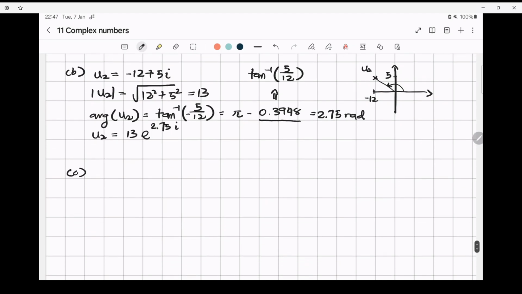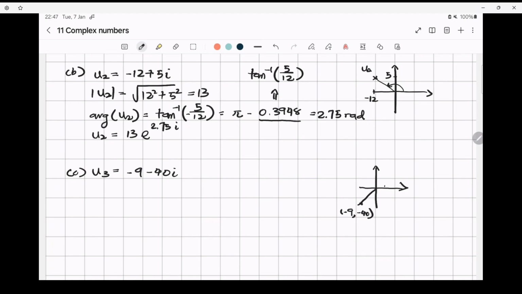So now let's look at the third example, which we denote as U3. So it's minus 9 minus 40i. So definitely we know that this is in the third quadrant. You can plot it out. So this will be minus 9 minus 40.